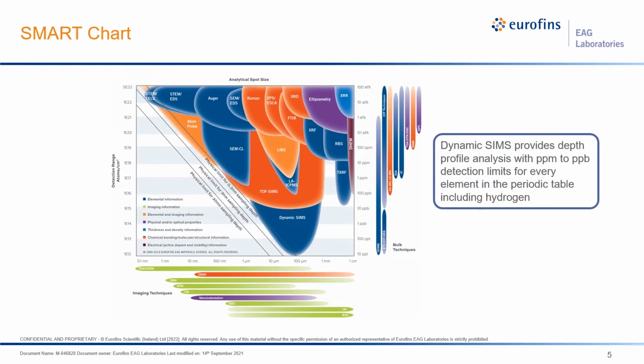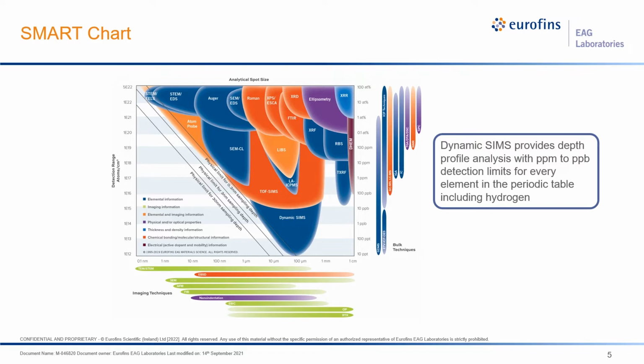This chart shows all the techniques available at EAG. We call it the SMART chart, which stands for Spectroscopy and Microscopy Analytical Resolution Tool. The vertical axis of this chart represents concentration detection limits in atoms per cubic centimeter, atom percent, or parts per billion or trillion.